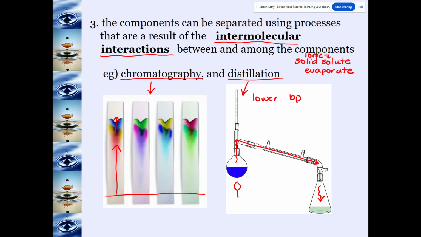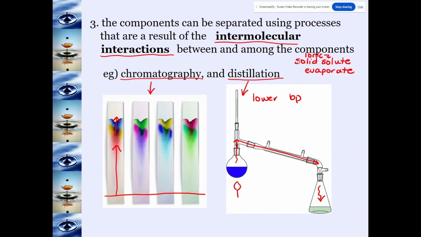If I want to separate that, I can evaporate away the water and I'll get left with the solid crystals. There's actually a lab that we do in Chem 20 to separate a solution of sodium chloride where we evaporate the water to get left with the solid crystals. Okay, so those are some separation techniques, whether we evaporate, distill, or use chromatography to separate the different components of a solution.